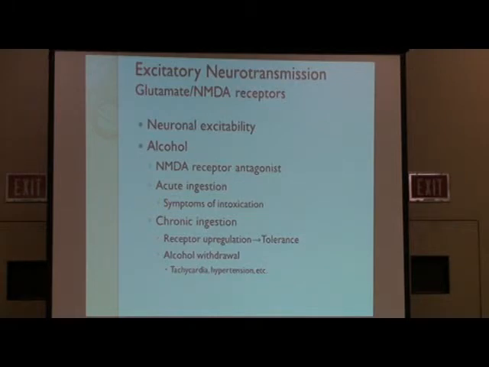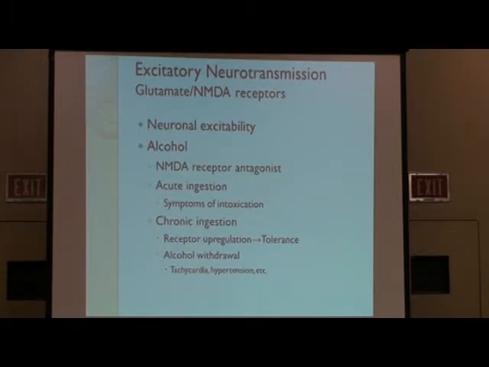With respect to pathogenesis, there's a bunch of different neuroreceptors that alcohol can attach to, and then over time, in chronic alcoholism, lead to changes in those receptors that will put a patient at risk for alcohol withdrawal syndrome. The glutamate NMDA receptors are a site for alcohol attachment.